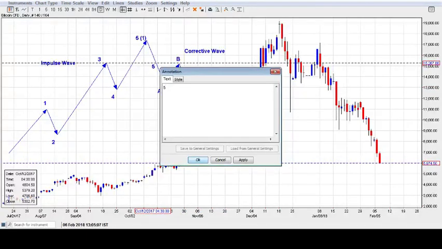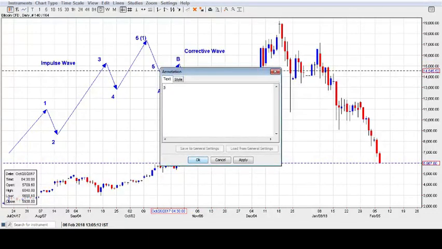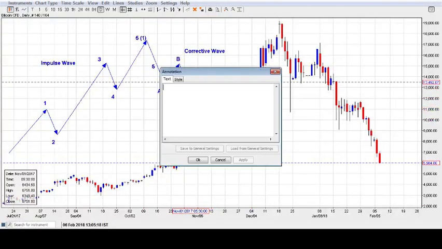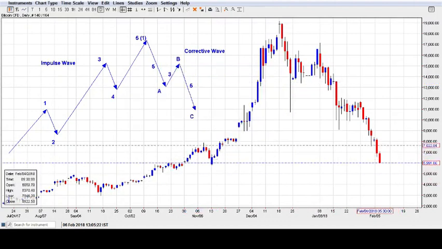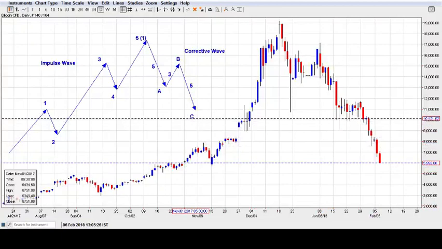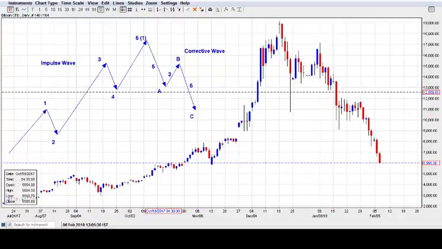It could be a 3-3-5, or it could be a 5-3-5. At least for now, we are seeing this as a 3-wave drop, which could be labeled as an ABC. But just in case it drops 5 waves, then we are nowhere near wave C. We are just about completing the first wave, that is A. That would be the actual analogy or the implications.